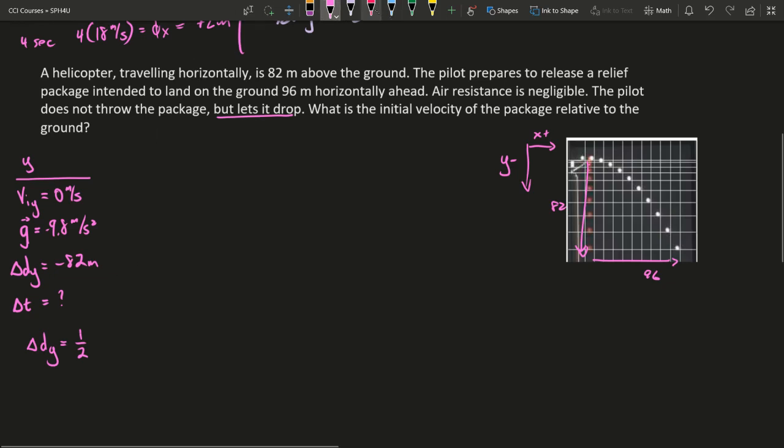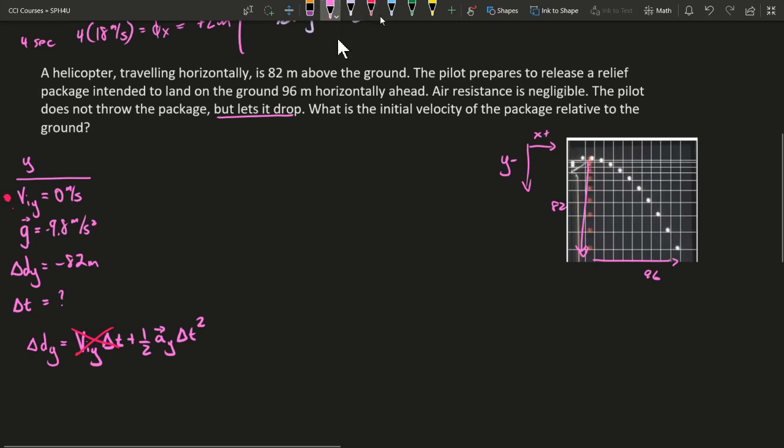No, sorry, I skipped a section. This is correct what I did, but I want initial velocity y times delta t plus 1/2 acceleration y times delta t squared. So again, remembering that my initial velocity y is 0, this term goes away.